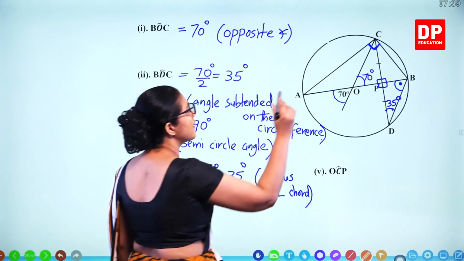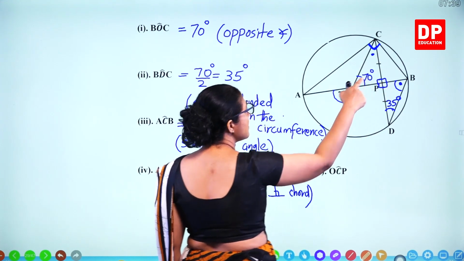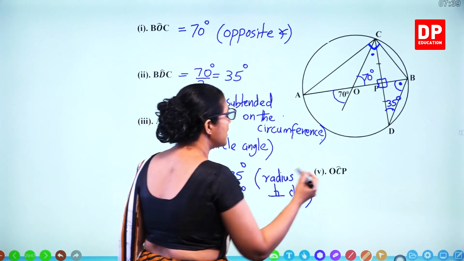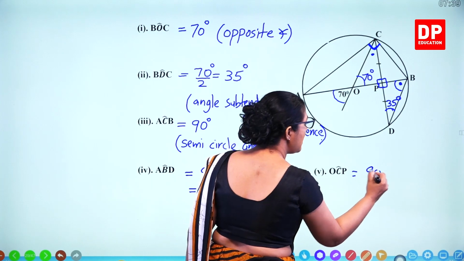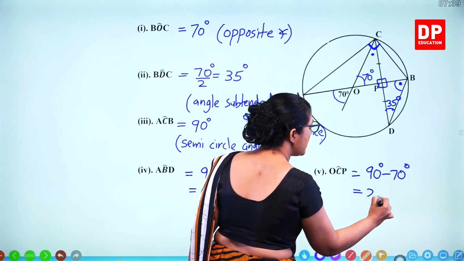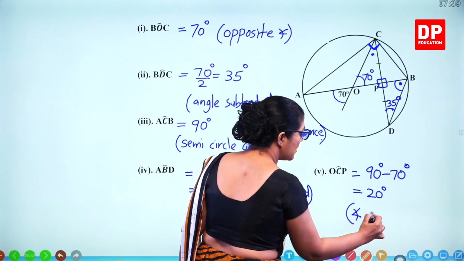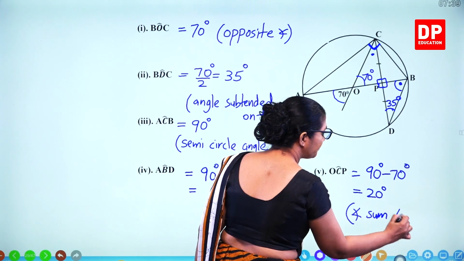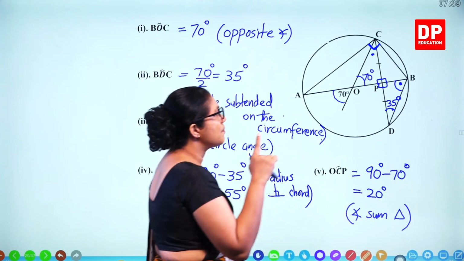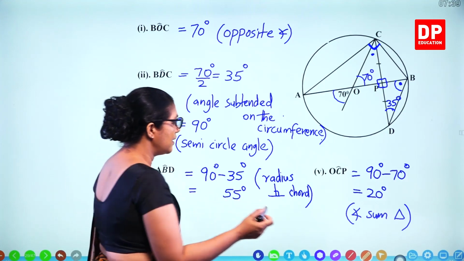Then the next one, OCP. This angle. That's also easy. This is 90 degrees. So 90 minus 70, that's 20 degrees because of the angle sum of a triangle. 70 plus 20, 90, 90, 90, 180.